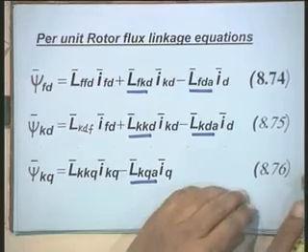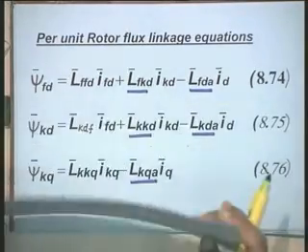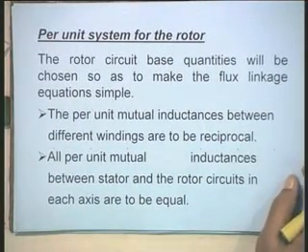Now we want to establish the per unit system for the rotor. When I say per unit system for the rotor, in the sense that we have chosen the base quantities in the stator circuits. Now, how should we choose the base quantities for the rotor circuits? The rotor circuits are rotor field winding and rotor amortisseurs.